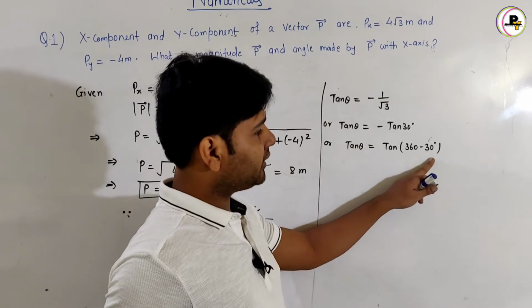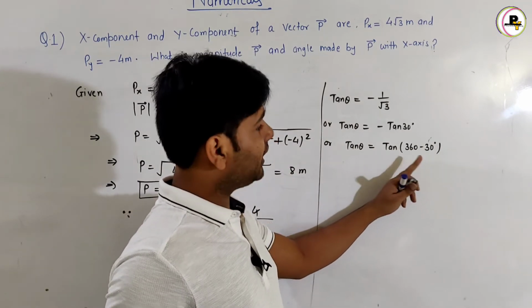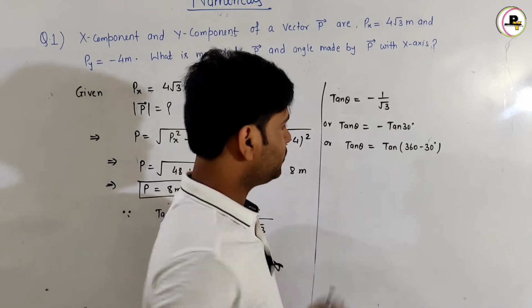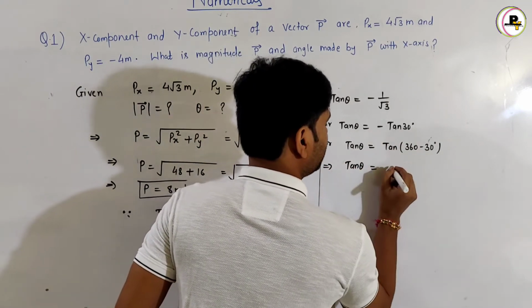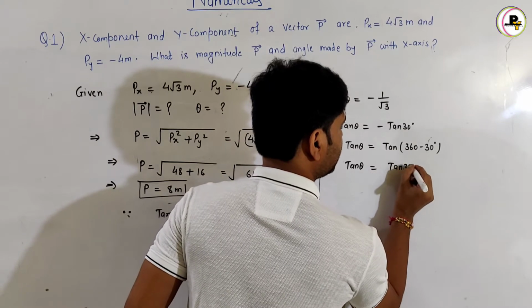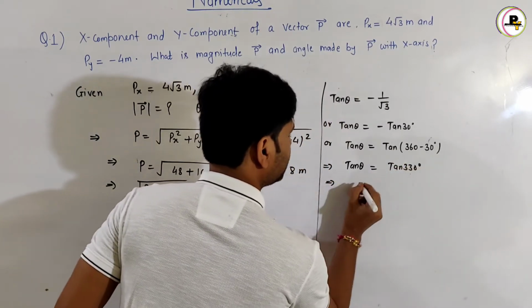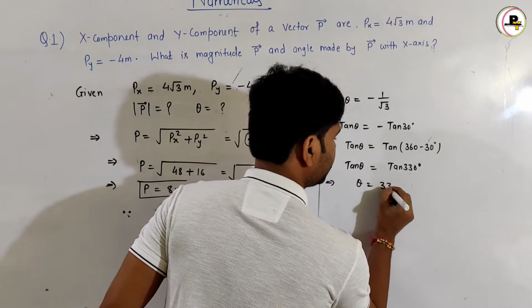Tan of 360 minus 30 will again be minus tan 30. So here we can write tan theta equals tan 330. Therefore theta equals 330 degree.